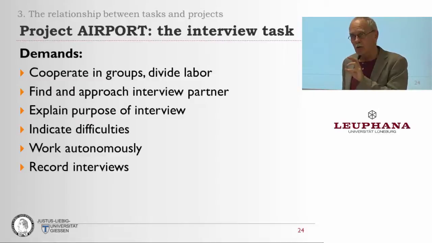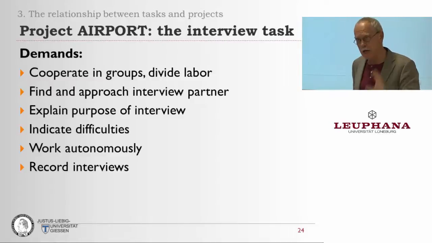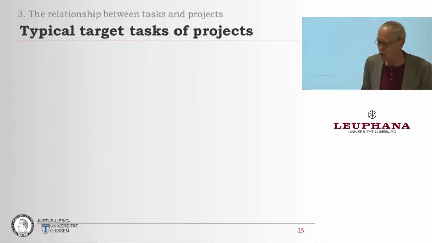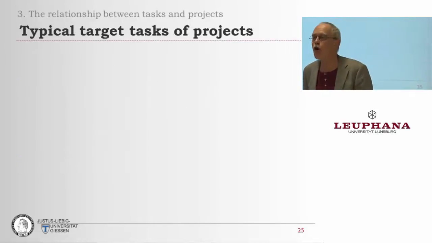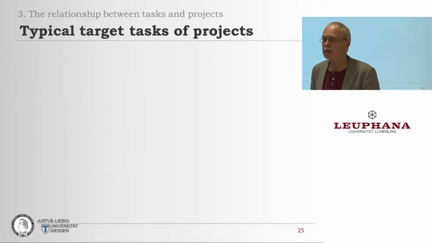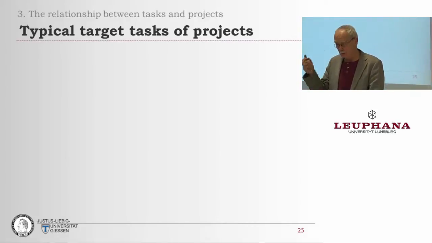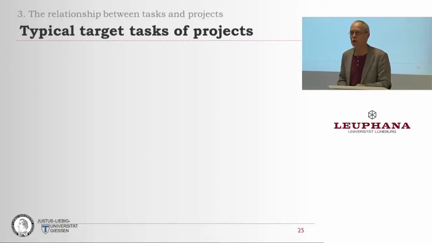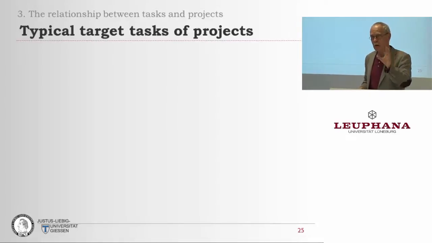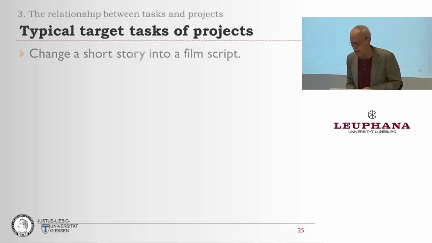Now, as I said, this is one possible way of thinking of tasks. I just want to mention a few further typical target tasks so that you can start thinking about projects. They all will follow the same principle of target task and pre-task activities that lead towards the target task.